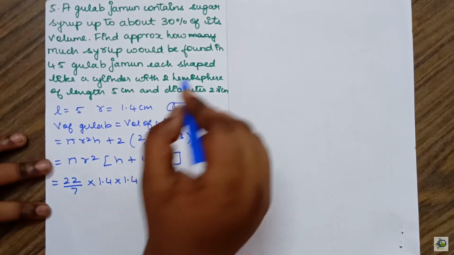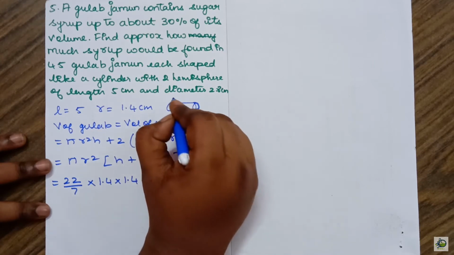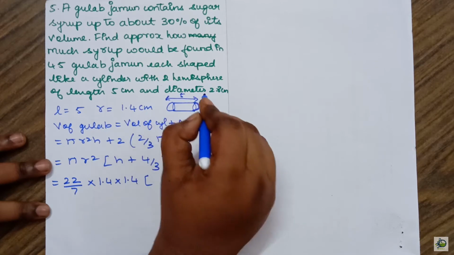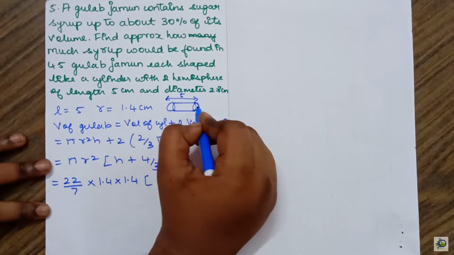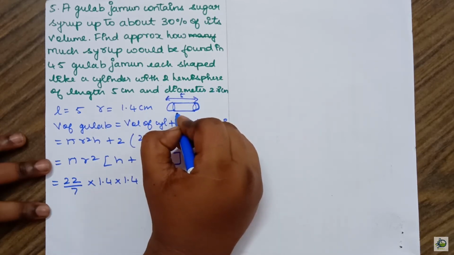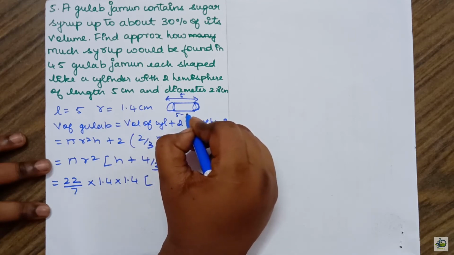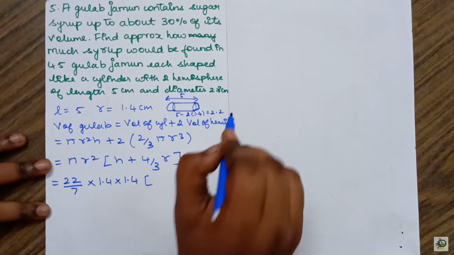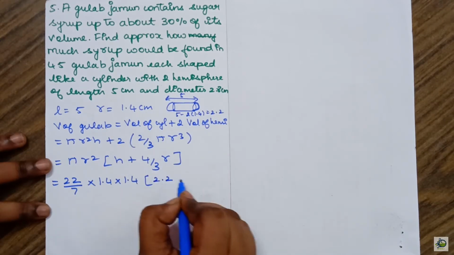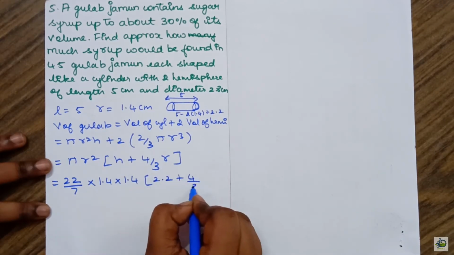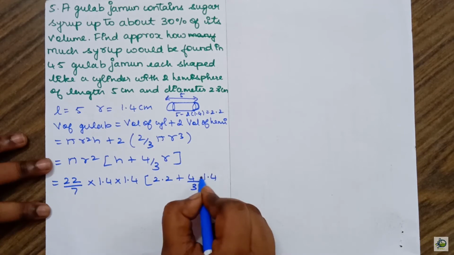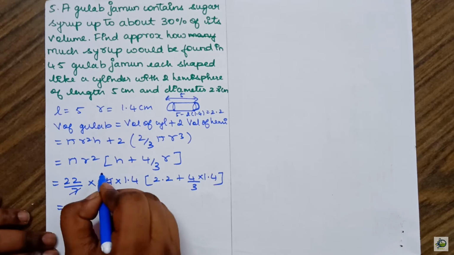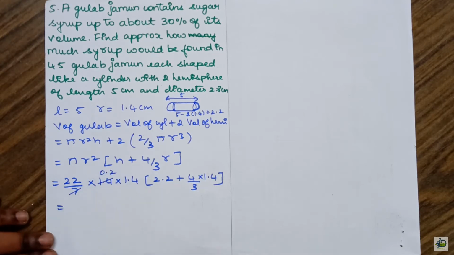Here the total length is 5, but I have to subtract both the radius of the hemisphere. So it is nothing but 5 minus 2 into 1.4, which is equal to 2.2. So the height is 2.2 plus 4 by 3 into r, which is 1.4. So here I can cancel 7 and 1.4, so this is 0.2.